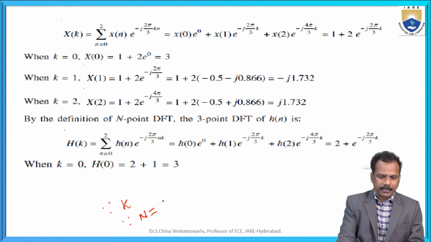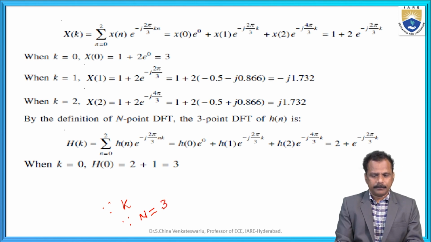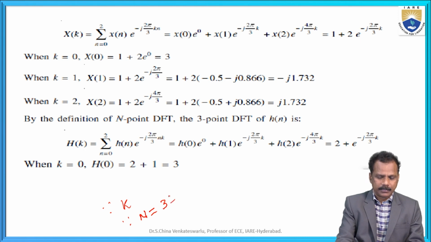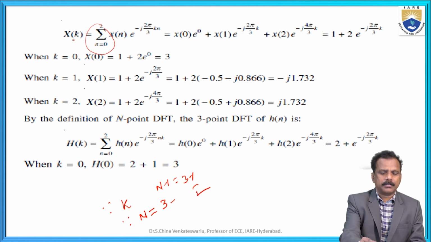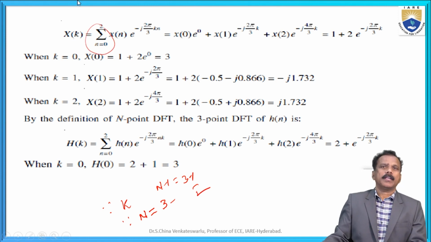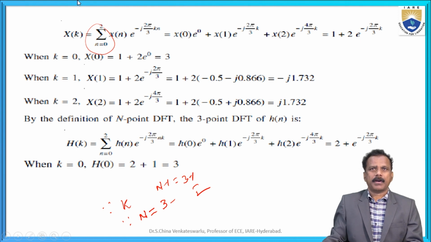Capital N is here 3, so N minus 1 is 3 minus 1, which is equal to 2. That's why it is mentioned that n is equal to 0 to N minus 1, x of n and e power minus j 2 pi n k by N, where k equal to 0, k equal to 1, k equal to 2 and so on.